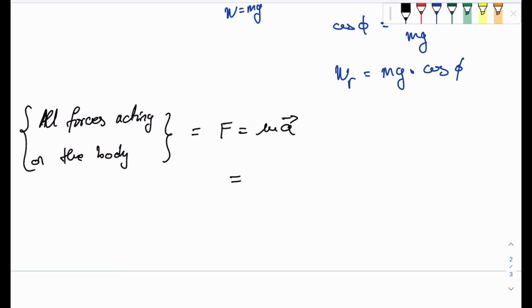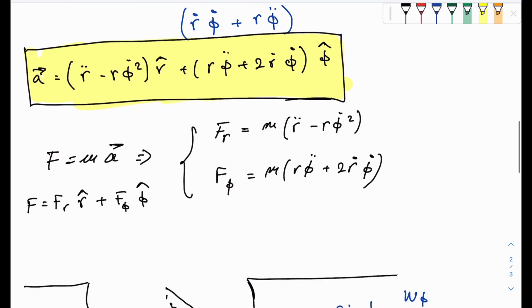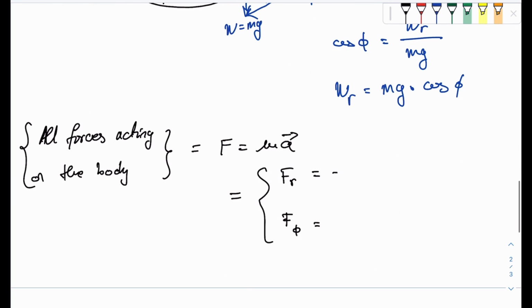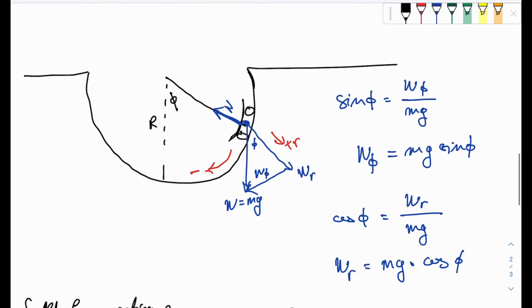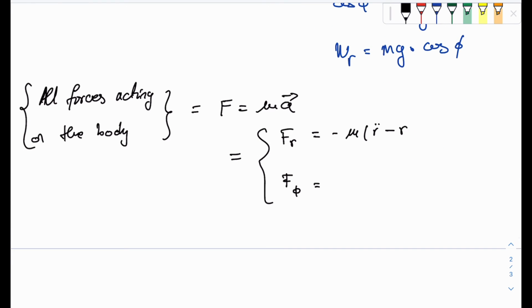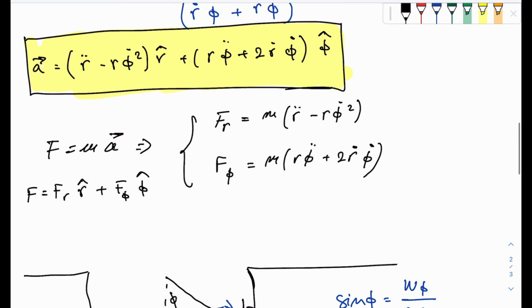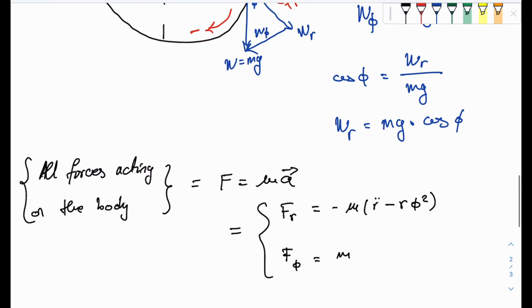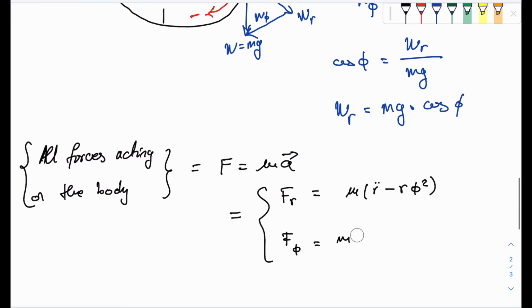In our case, F equals ma can be decomposed into F r and F phi, and we can write F r equals minus m times (r double dot minus r phi dot squared), and F phi equals m times (r phi double dot plus 2 r dot phi dot).